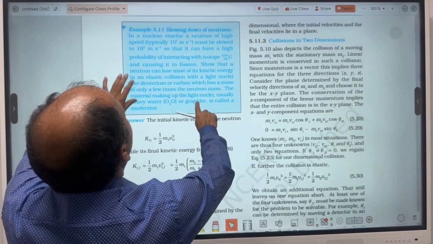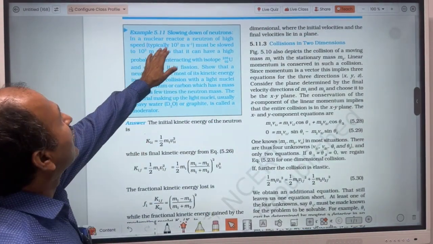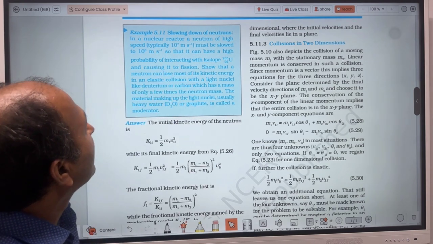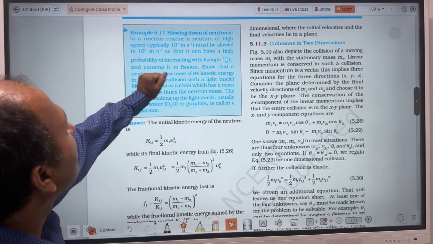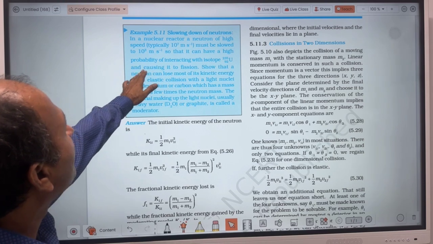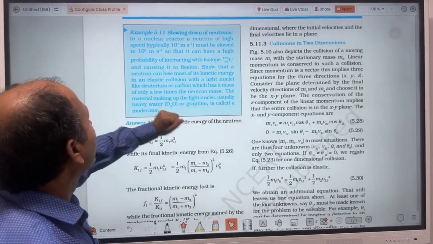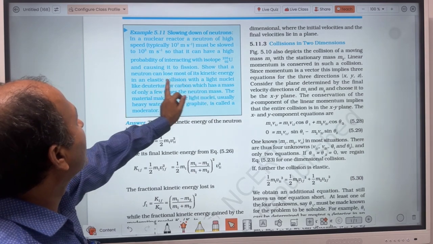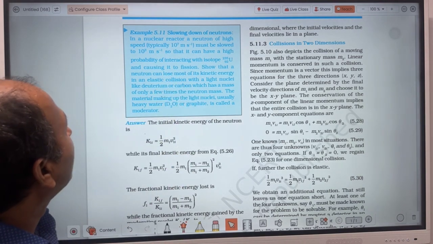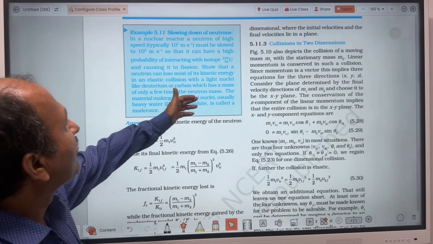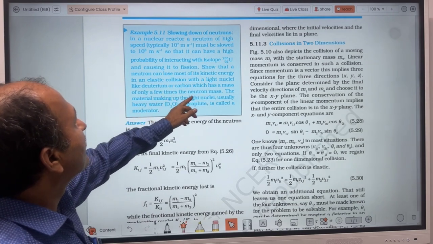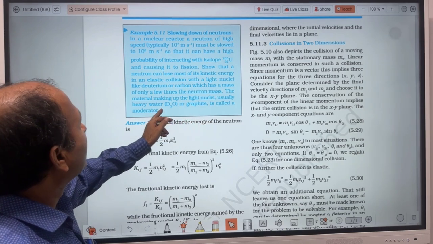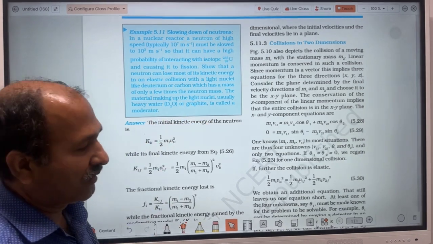So here, slowing down of neutron. In a nuclear reactor, a neutron of high speed, typically 10 power 7 meter per second, must be slowed to 10 power 3 meter per second so that it can have a high probability of interacting with isotope uranium-235 and causing it to fission, so that a neutron can lose most of its kinetic energy in an elastic collision with a light nuclei like deuterium or carbon, which has a mass of only a few times the neutron mass. The material making up the light nuclei, usually heavy water or graphite, is called a moderator.